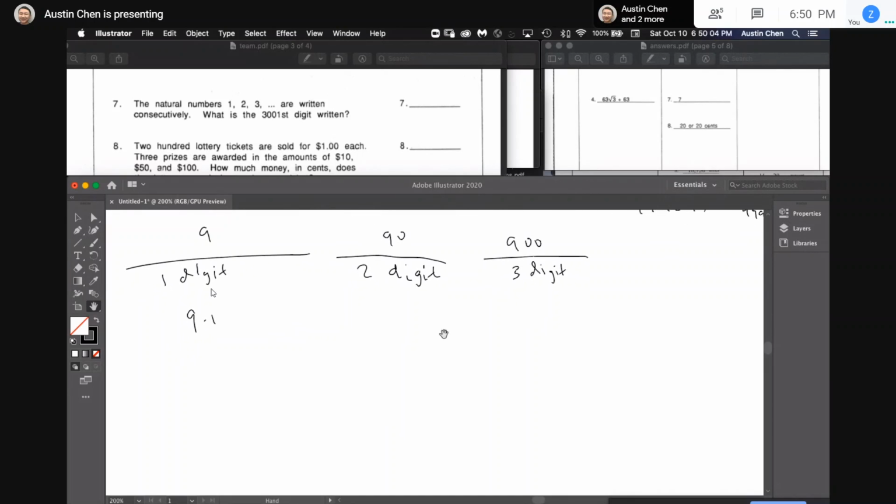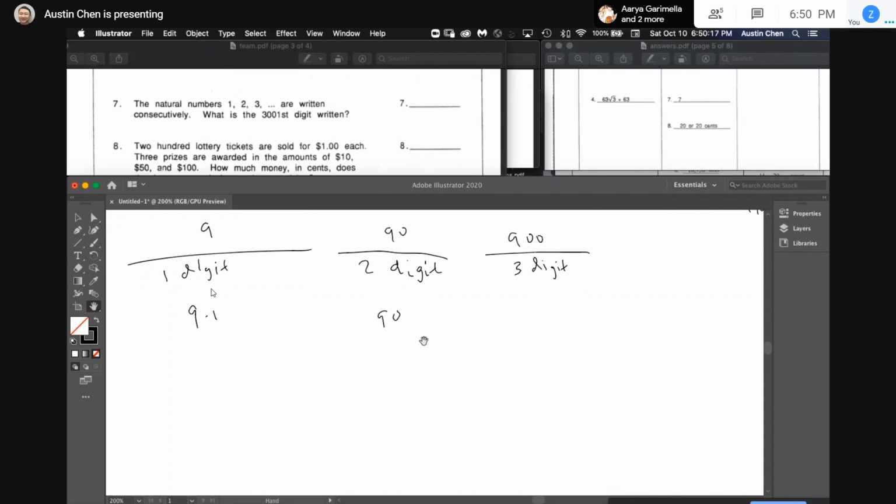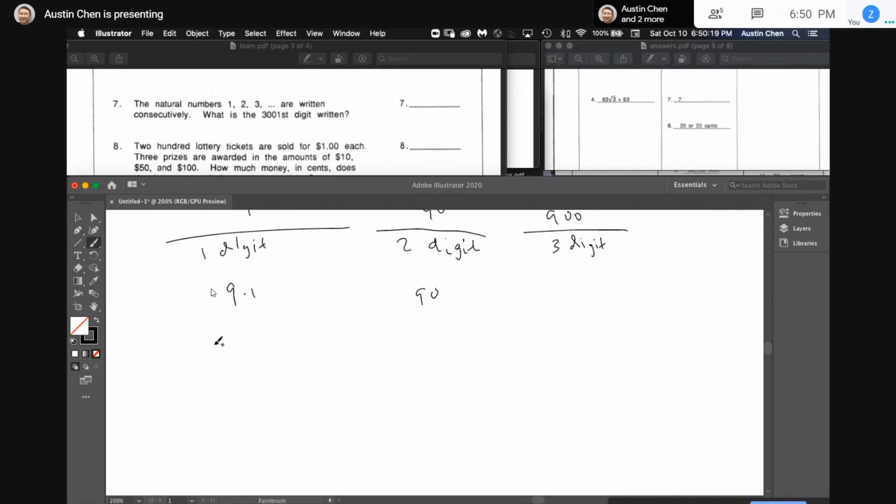So we can just do this by hand really, because the number of digits for this gets pretty big pretty fast. So let's just subtract this already.